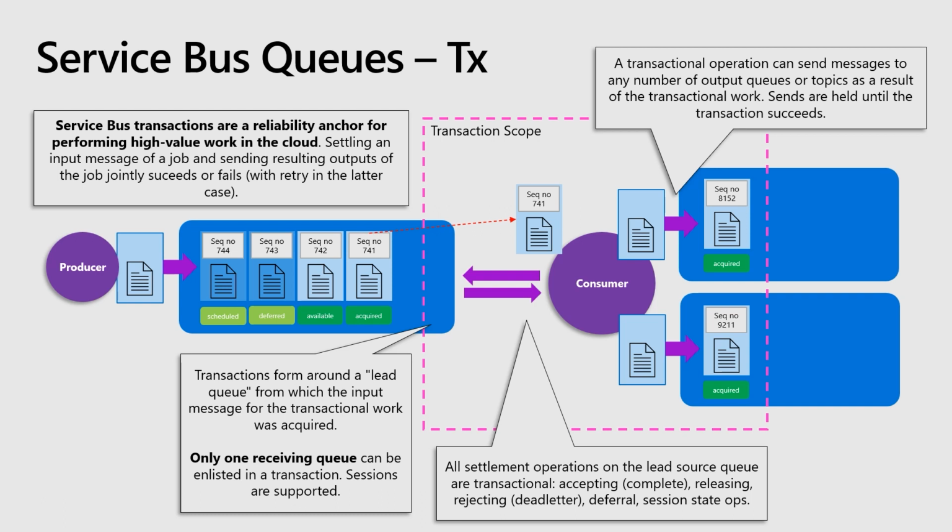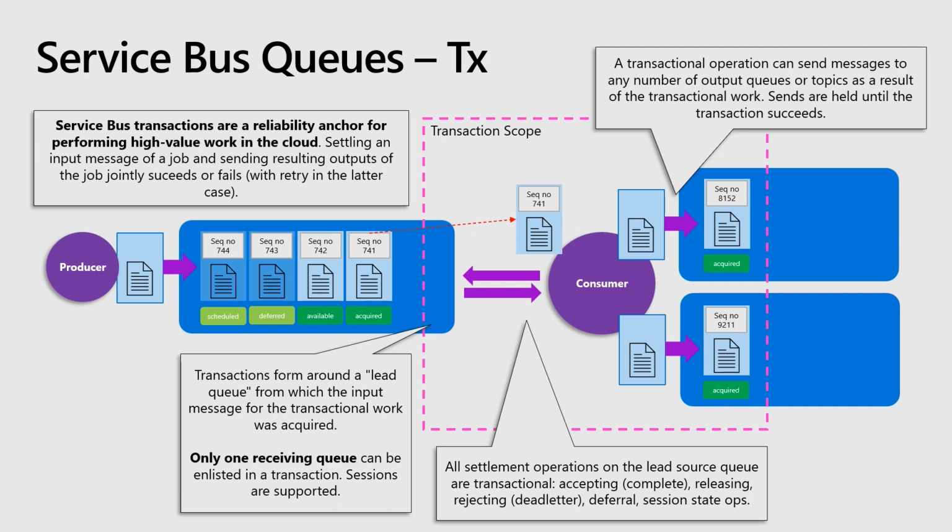You take a message, and when you start a transaction, it forms around a lead queue. So you say start transaction, for instance, in JMS. You start a transaction, then you start receiving messages from a main queue. Then you can do work and send messages to other outbound queues.